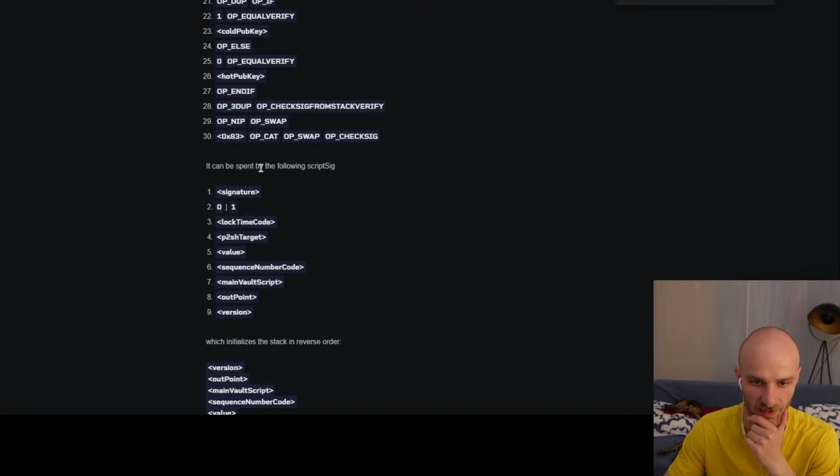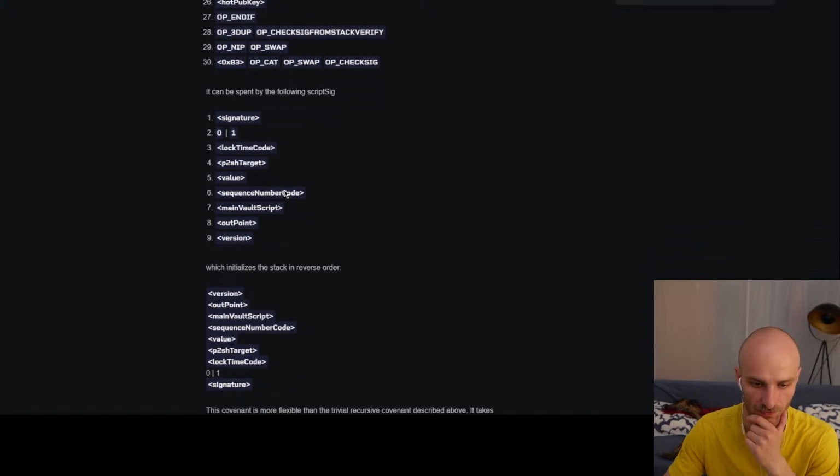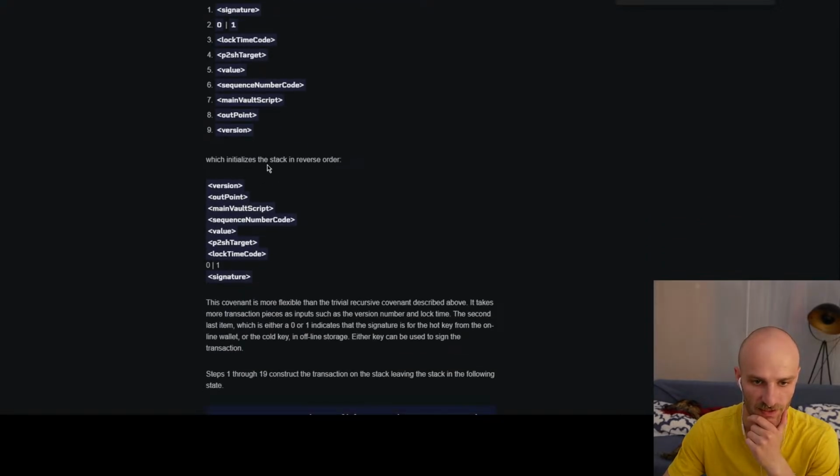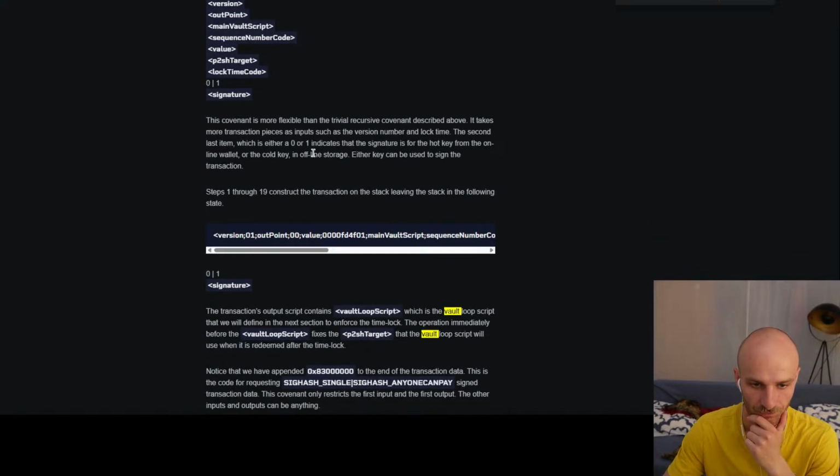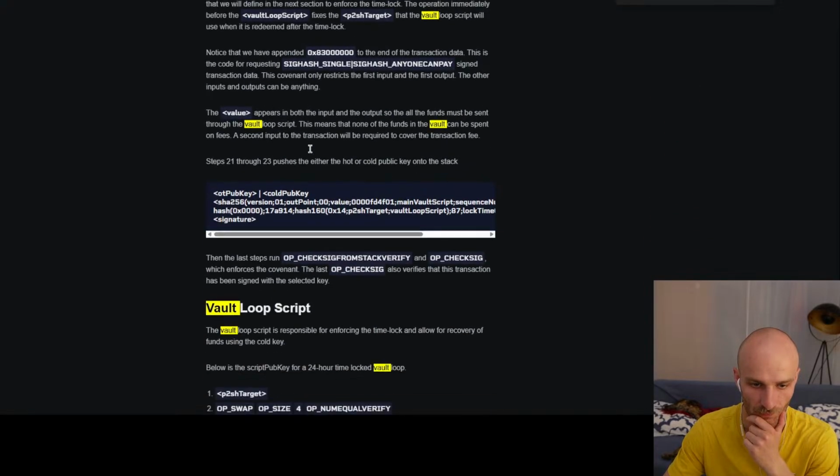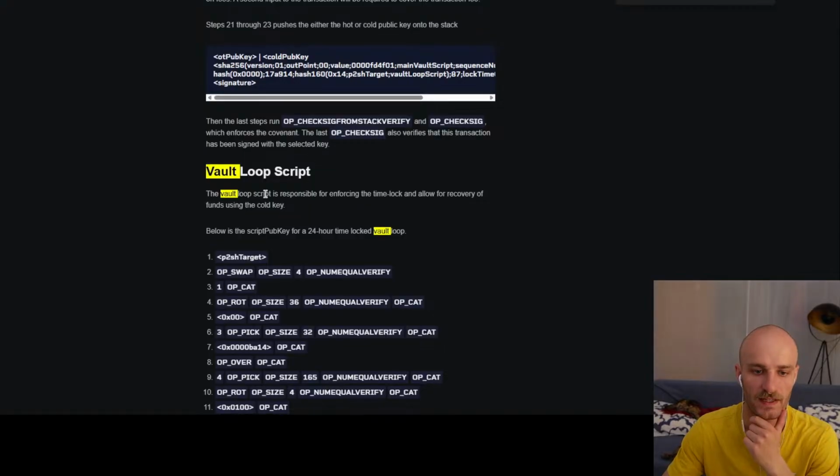It can be spent by the following scriptSig, which initializes the stack in reverse order. Then the vault loop script.